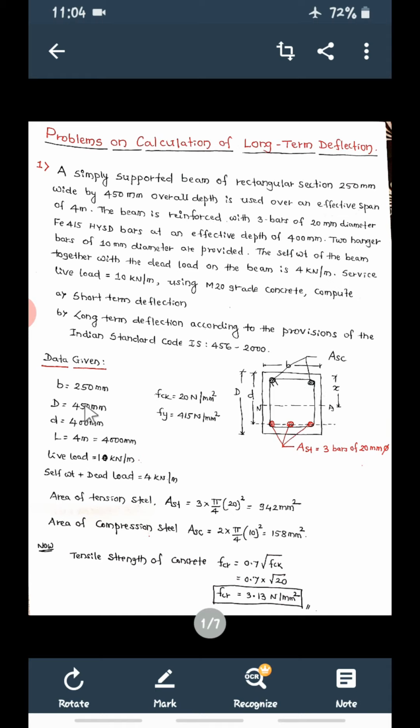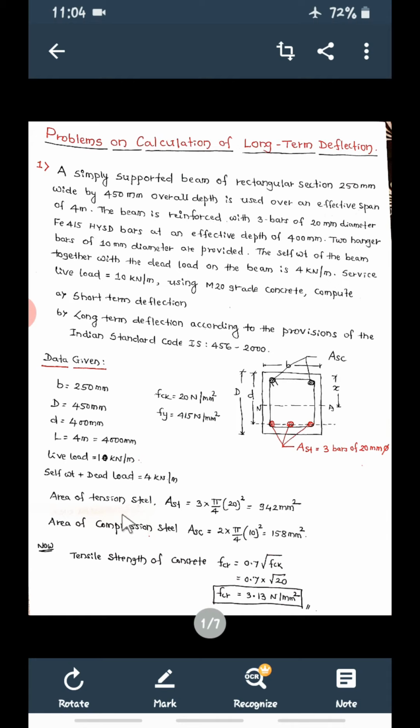Width 250 mm, capital D overall depth 450 mm, effective depth 400 mm, span of the beam 4 meter or 4000 mm, live load 10 kilonewton per meter, then self weight plus dead load equal to 4 kilonewton per meter. Then fck 20 Newton per mm square and fy 415 Newton per mm square.